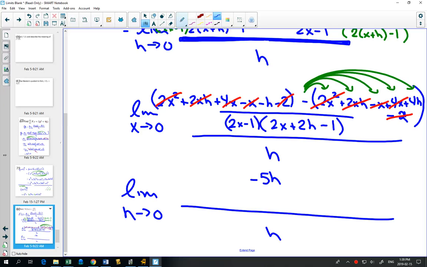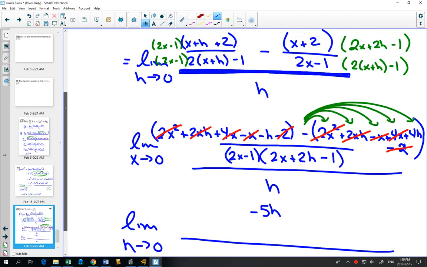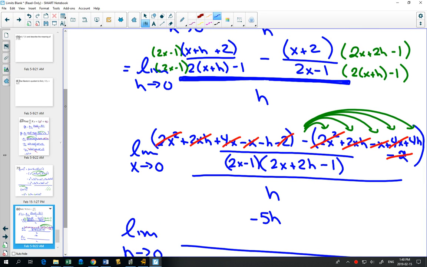Yes? Any mistakes in my math? Not that any of us noticed? What's that? I get the 2 minus the negative 2 is negative 2, but that cancels out with that negative 2.